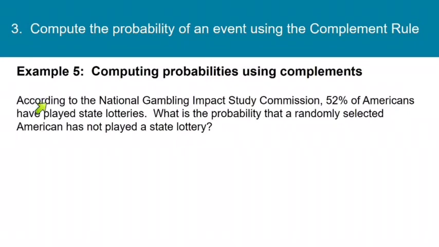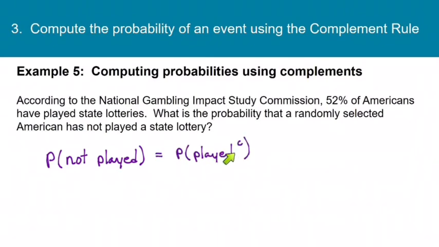Here's a quick example. According to the National Gambling Impact Study Commission, 52% of Americans have played state lotteries. What is the probability that a randomly selected American has not played a state lottery? The probability that someone has not played is the complement of the probability that they have played. See how I put the little C there to mean complement?